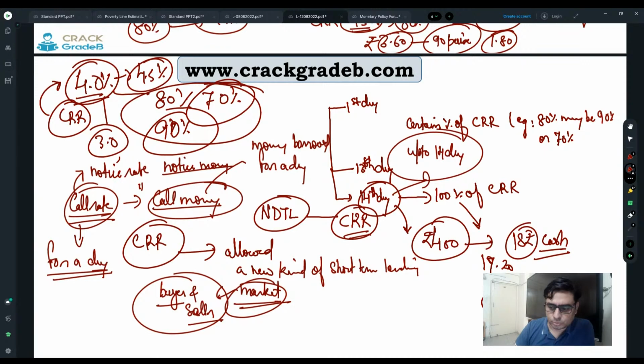So on the 14th day, suppose today is 13th of August, and suppose today SBI is having its 14th day. So they have to show the complete CRR amount in their ledger. In their ledger, it must be the 14th day, and the full amount of CRR of their NDTL must be mentioned there. Otherwise, they will be penalized by the Reserve Bank of India.